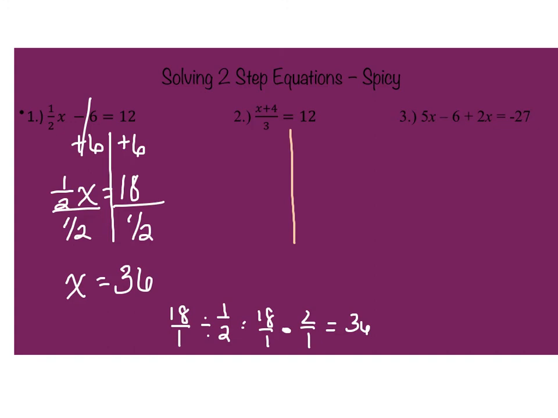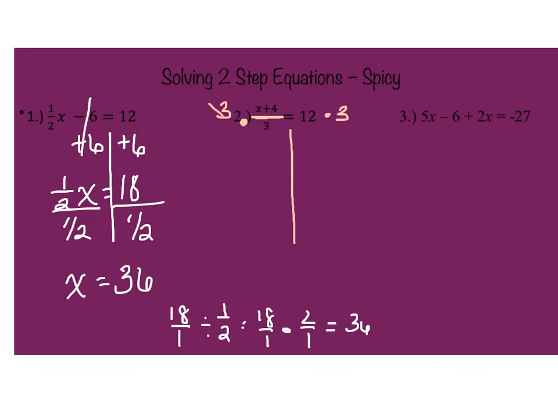So I have x plus 4 all divided by 3. So I need to get rid of that 3 first by multiplying. If we're dividing by 3, the inverse would be to multiply by 3 on both sides.